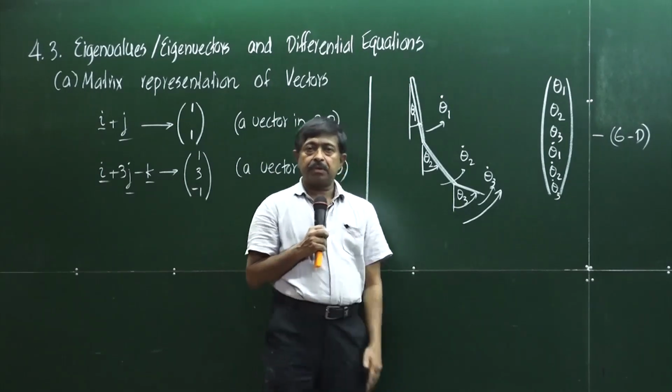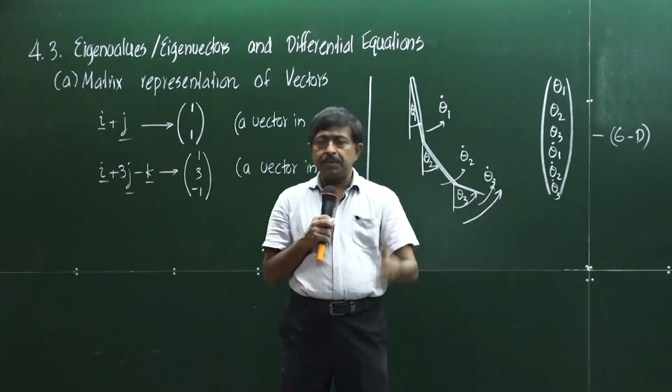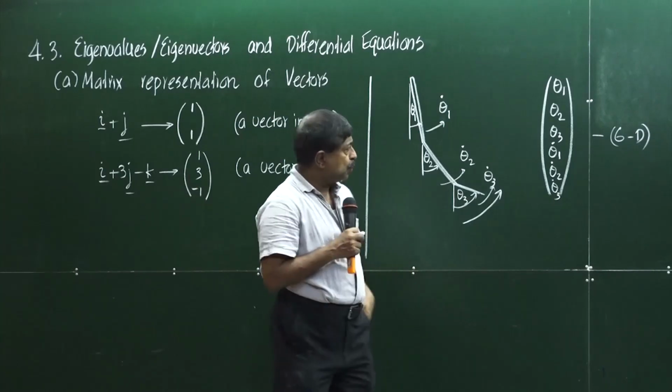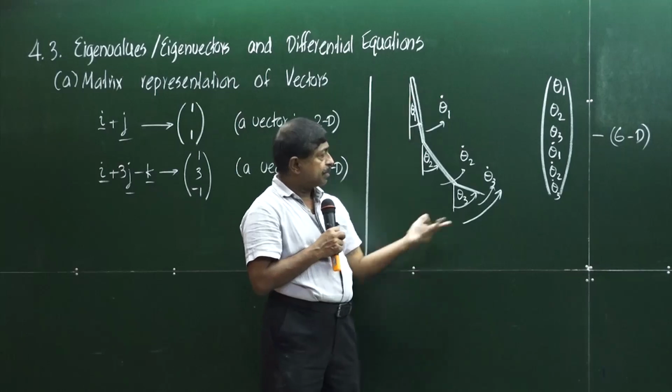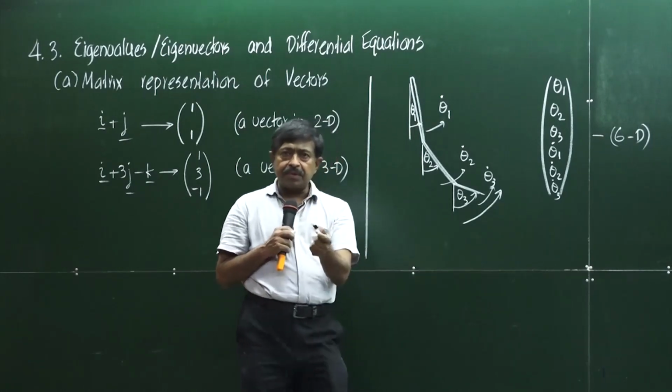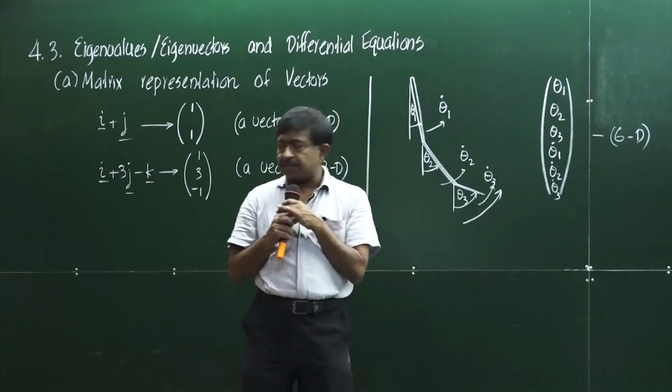You simply cannot, because using i, j and k, you can go up to 3-dimensional space. So if you want to configure some system like this, that representation will fail. So there are limitations, but it's sometimes good.